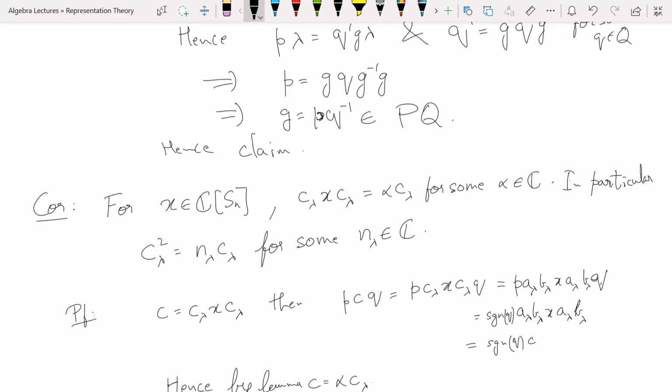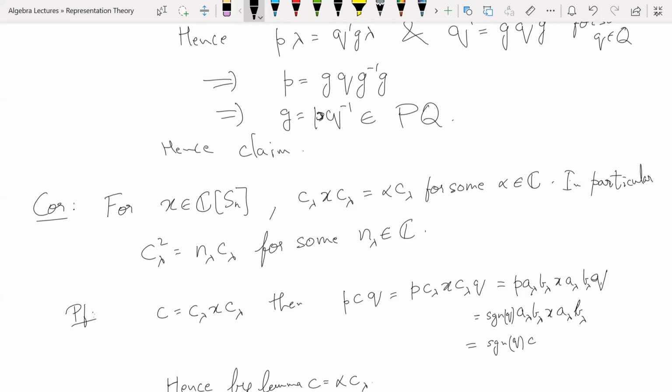But C lambda is A lambda B lambda, so we expand all that as well. Now P A lambda is A lambda, so nothing changes. And then we have B lambda x A lambda, and B lambda times Q is sine of Q times B lambda.